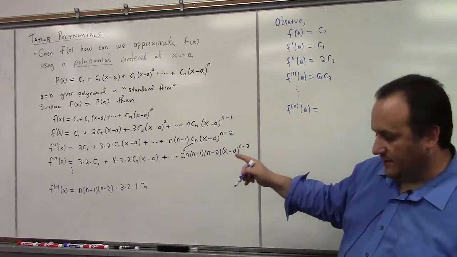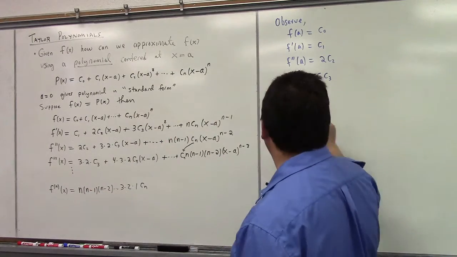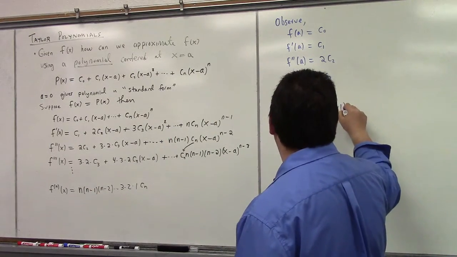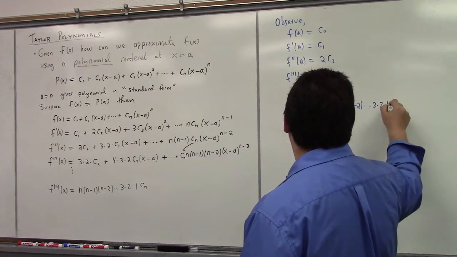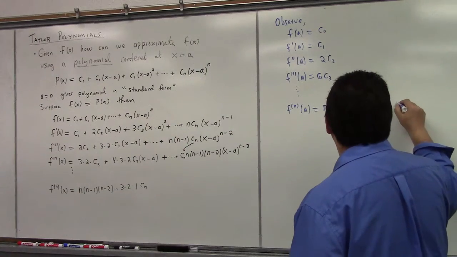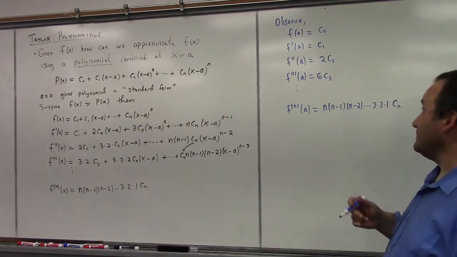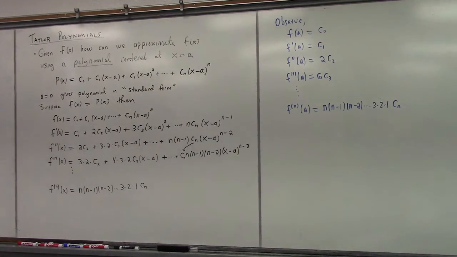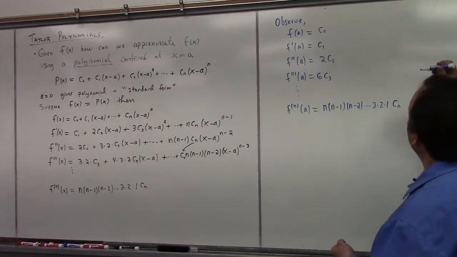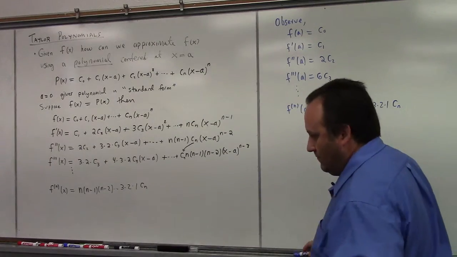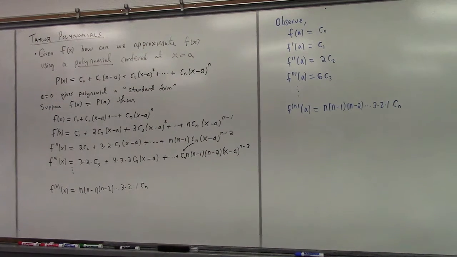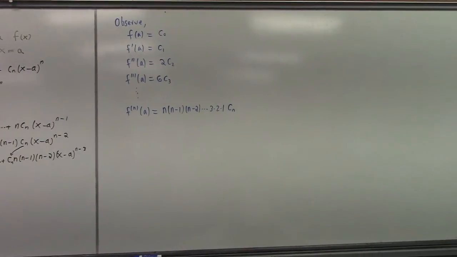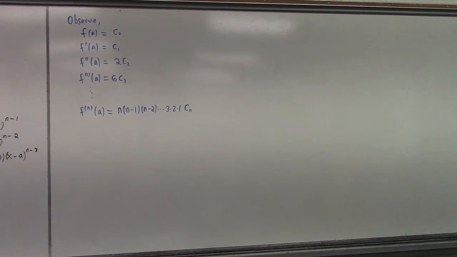And so finally down here, n times n minus 1 times n minus 2, down to 3 times 2 times 1, cn. So we can solve these equations for c0 through cn, right? So what's c0? Well, c0 is f of a, right?